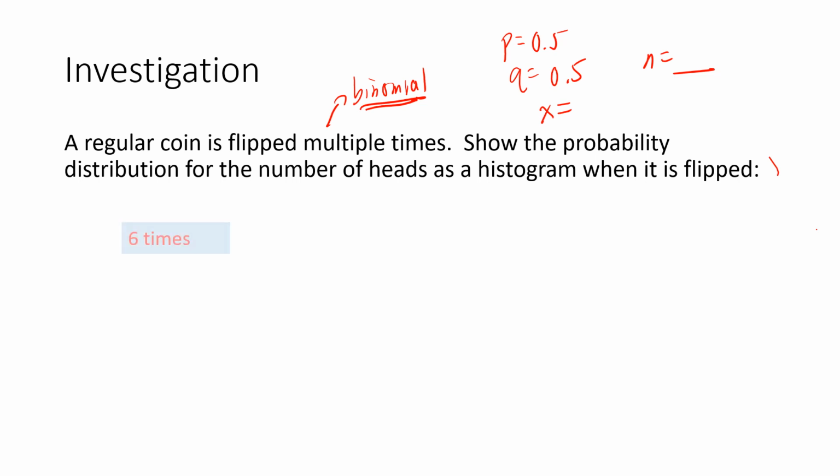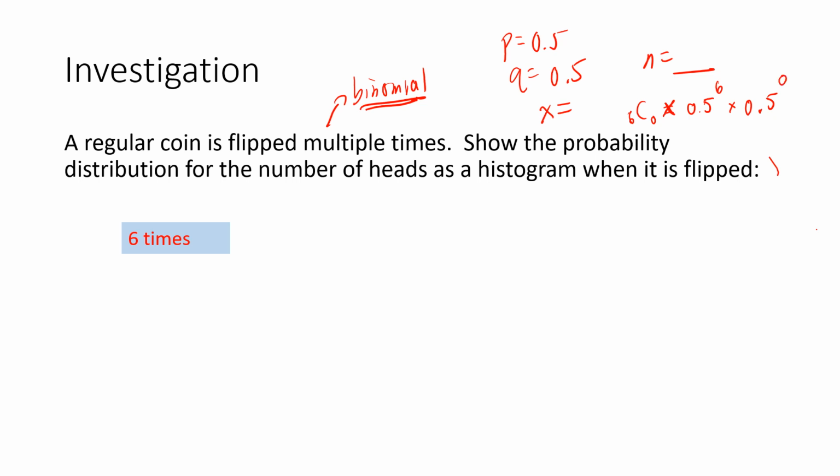So, what would happen if n was equal to 6? If we flip the coin 6 times. Now, remember the formula. For 0 successes, it would be 6C0 times 0.5, p to the power of x, times q, which is also 0.5, to the power of n minus x.